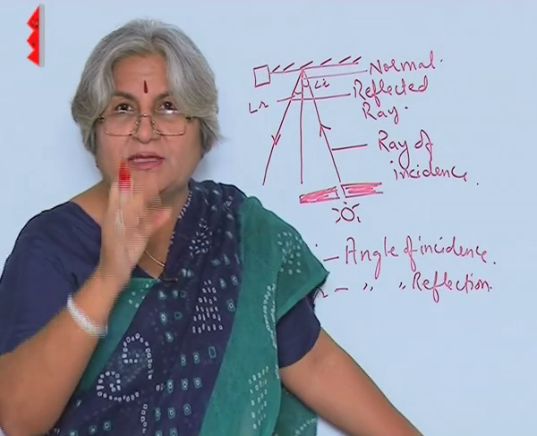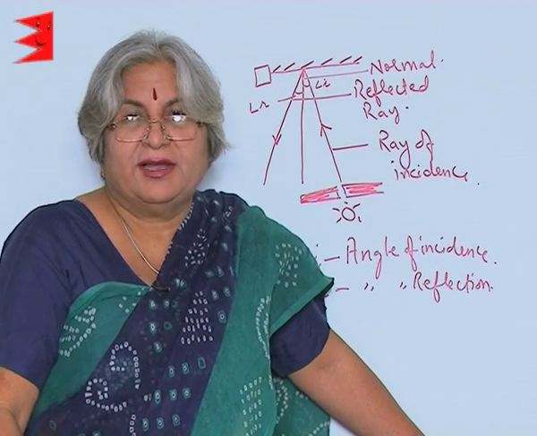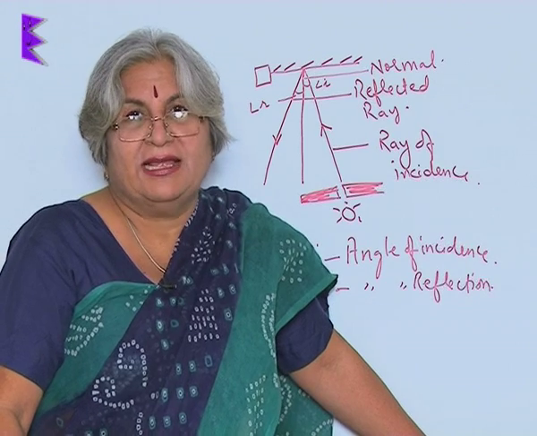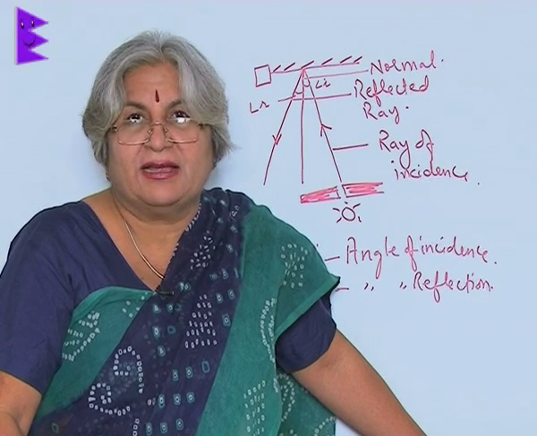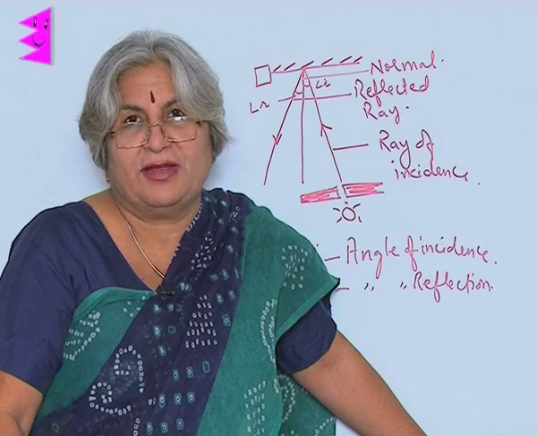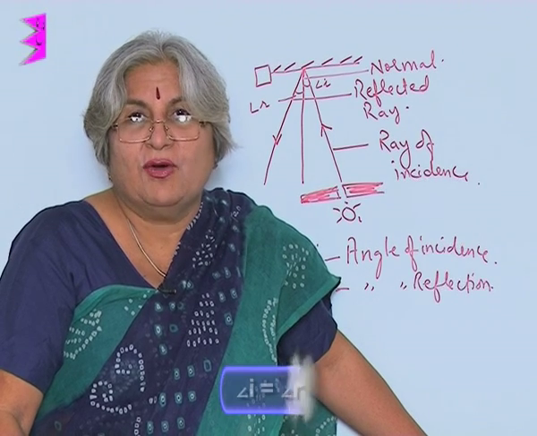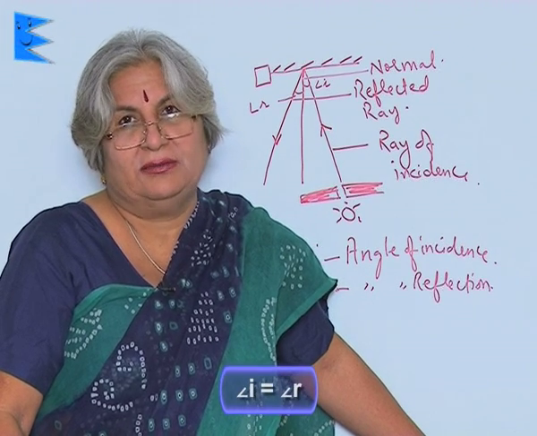You can make as many attempts as you want, and invariably you will find there is a definite relationship between angle of incidence and angle of reflection, and that is both the angles are always equal.